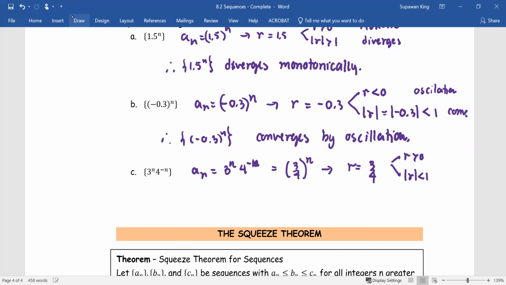If r is positive, the sequence is monotonic. And the absolute value of r less than 1 means the value approaches 0, which converges. So we can say the sequence 3 to the n times 4 to the negative n converges monotonically.